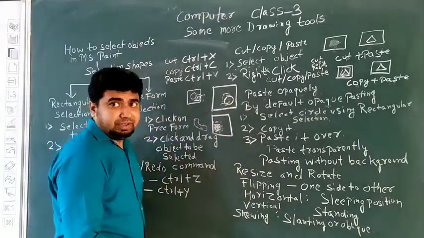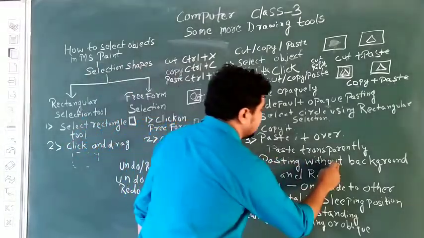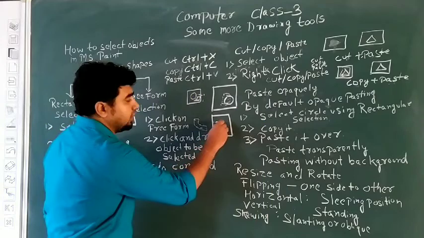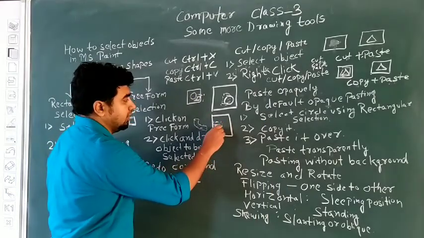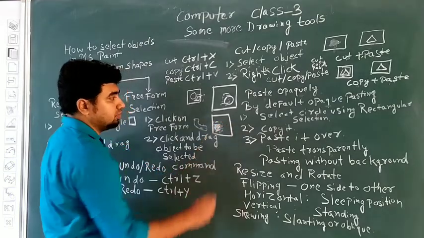Now paste transparently. Transparently means pasting without background. Here I told you that the greenish part is also there: the rectangle has a whitish part and a greenish part.